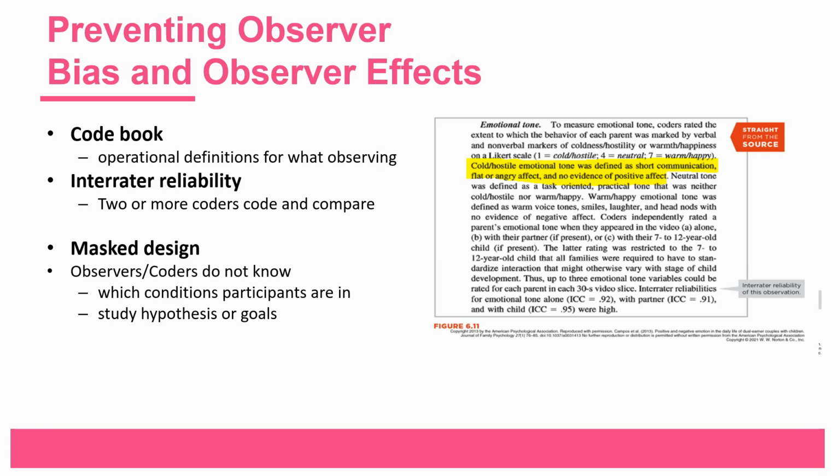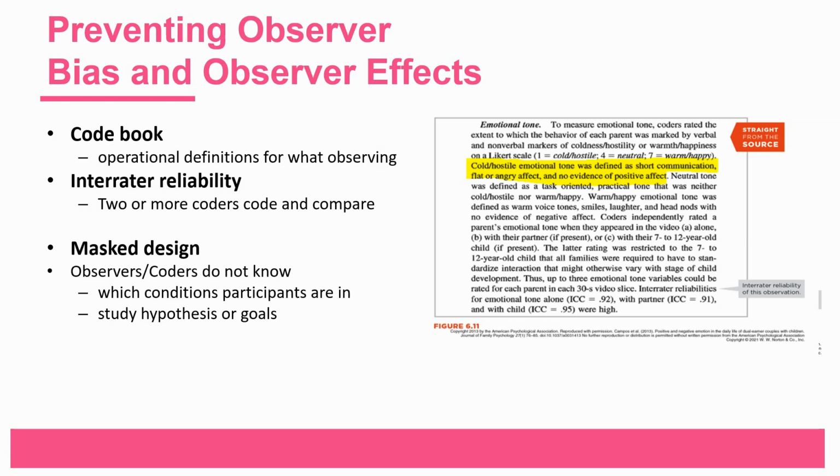If they used a masked design in that particular study, the people doing the observations, watching the videos, the coders, wouldn't know which conditions the participants were in. So they would have only been watching the videos and maybe listening. It would be hard in that one because with videos you can see if the parents are on a cell phone or a magazine.